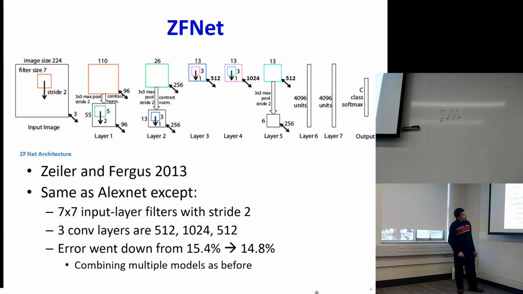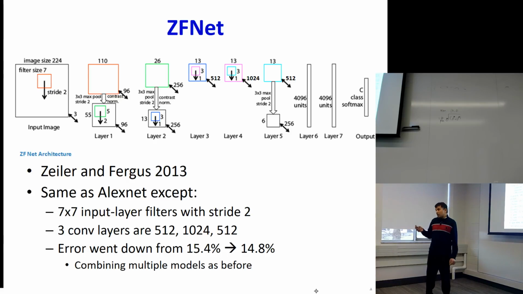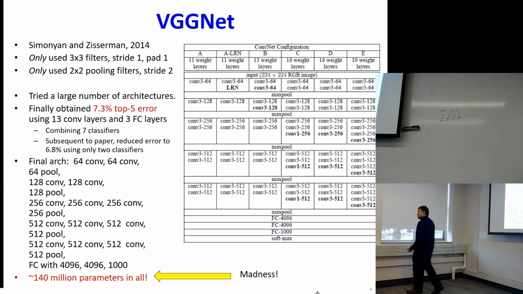They came up with a more complex network with somewhat different structure, and they brought the error from 15.4% down to 14.8%. But the most complicated one of all was this thing called VGGNet, which shows you exactly how the research in this particular area goes forth, right?